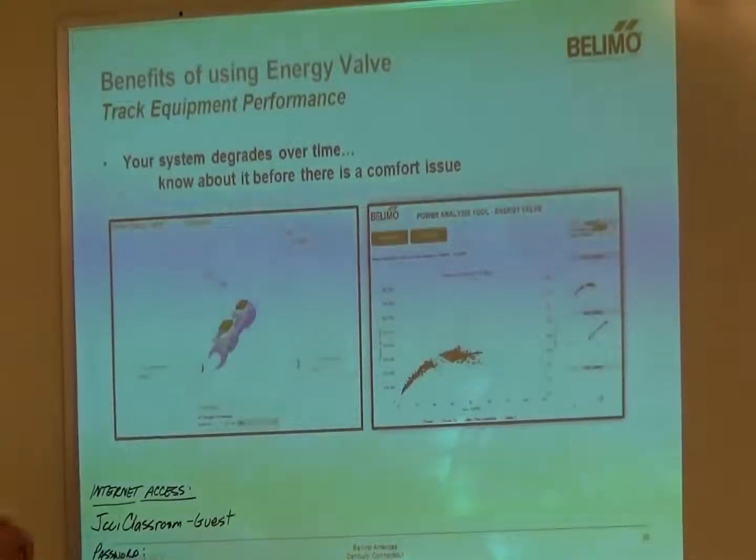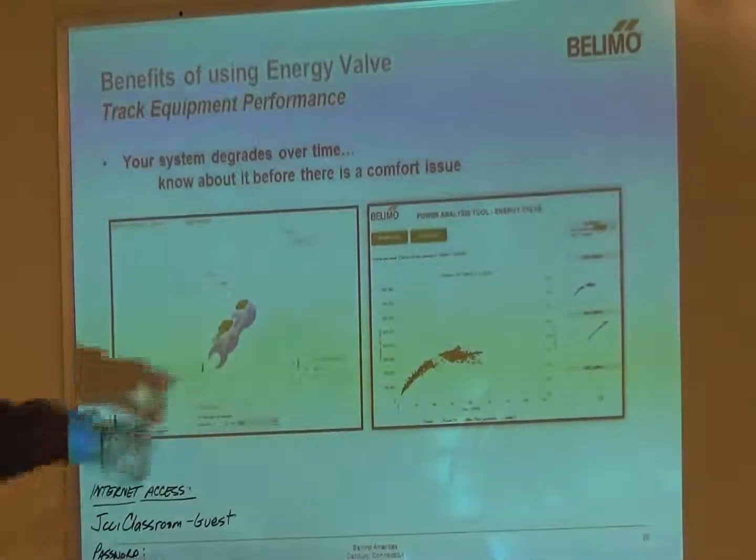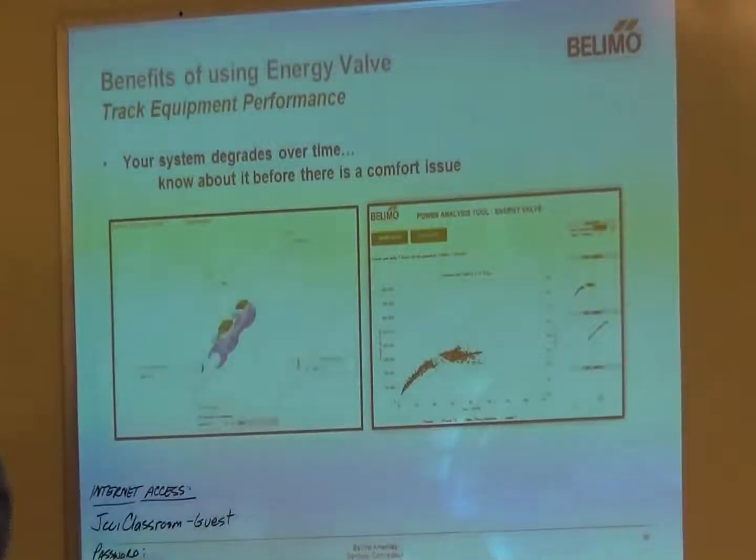On the right, that's part of the Excel tool that we have on our website. That's where you would, again it's hard to see, but the left button says import data. So once you've downloaded data out of the valve and saved it as a file, you can click on import data and bring that data into this Excel, which of course has a macro built around it to create all the different graphs.